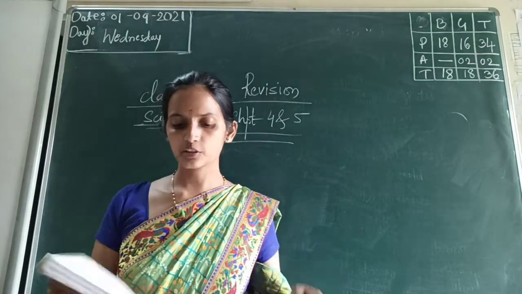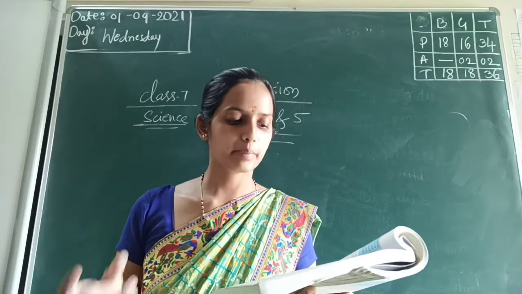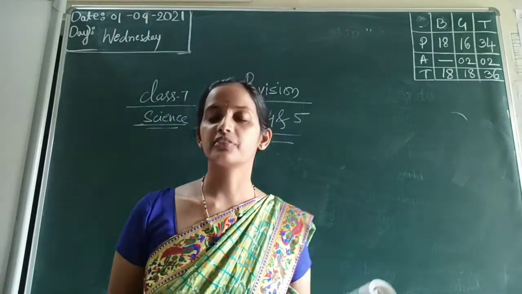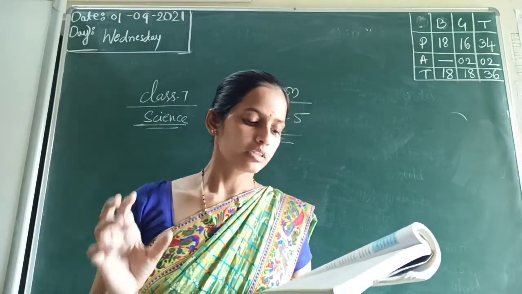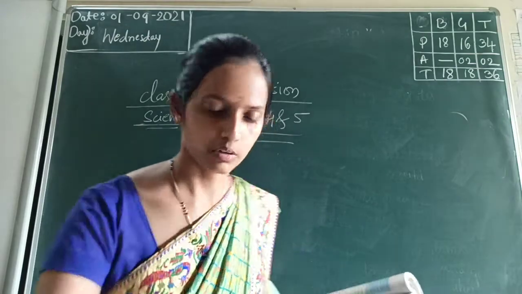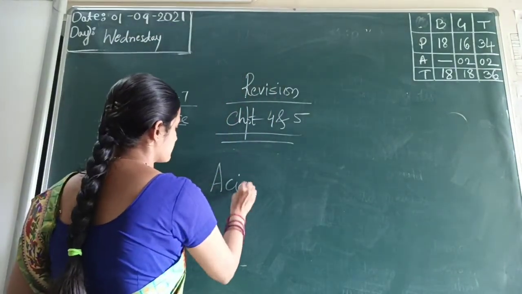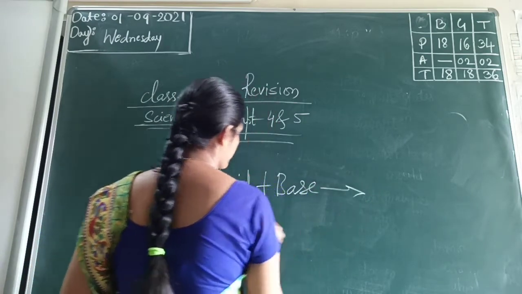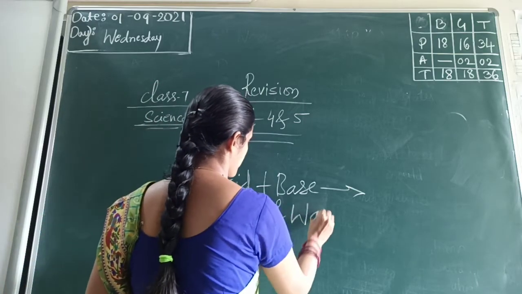What do you mean by neutralization? The reaction between acid and base is called neutralization. After the reaction of acid and base, it produces salt and water. So acid plus base reacts to form salt and water.